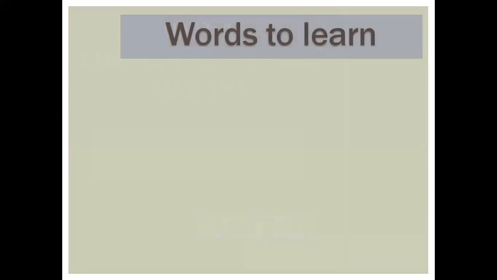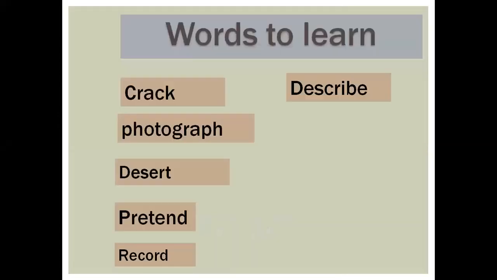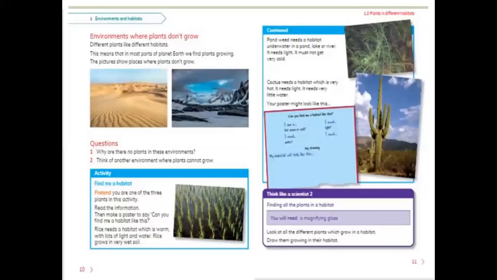We are going to start with the topic that is environments where plants do not grow. So on the earth, there are different places. Some of the places are not good habitats for plants. So what are those places?